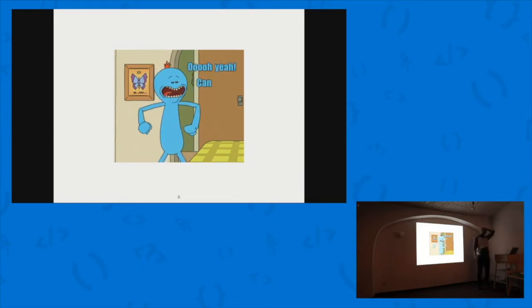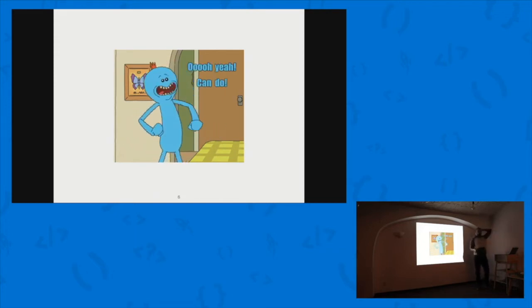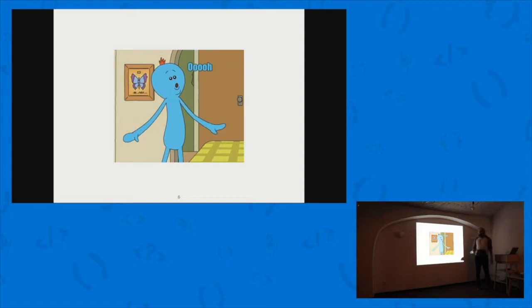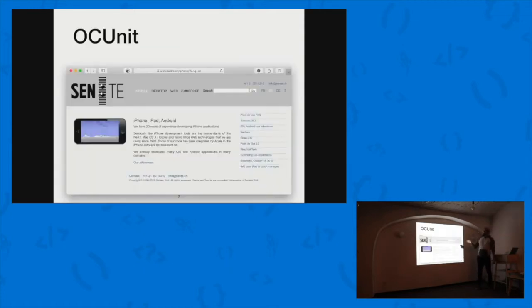One note: this will be about the XCTest which comes with Xcode, not the open source one on GitHub. They have a big difference under the hood; the Swift version doesn't use the Objective-C runtime, so there's no big magic there. So, OCUnit. Is there any dinosaur here who remembers what OCUnit is? No one? Even I don't remember.